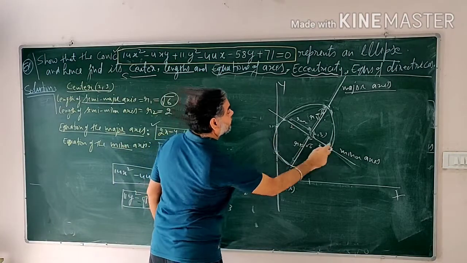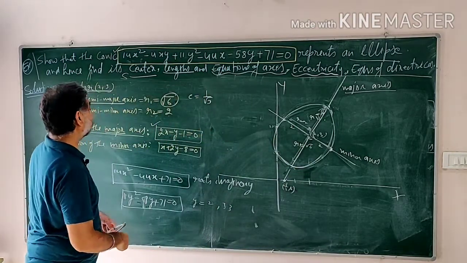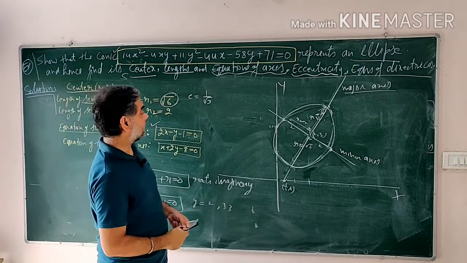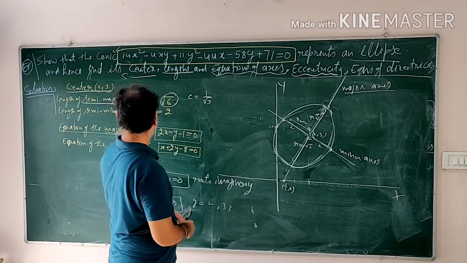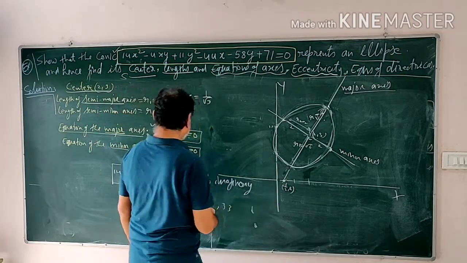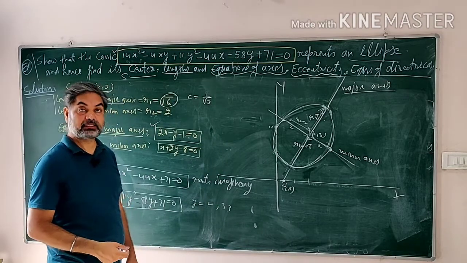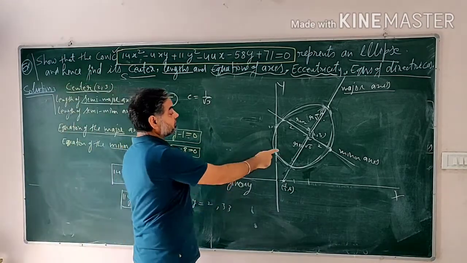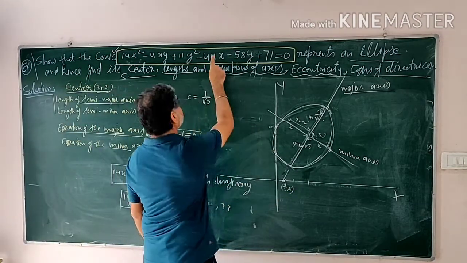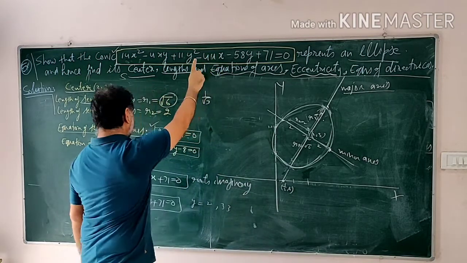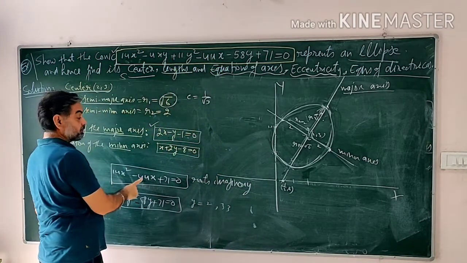So R2 length here and R2 length here, and also you find the points where this ellipse meets the x-axis and y-axis. To find where it meets the x-axis, put y equal to 0 in this equation and solve.